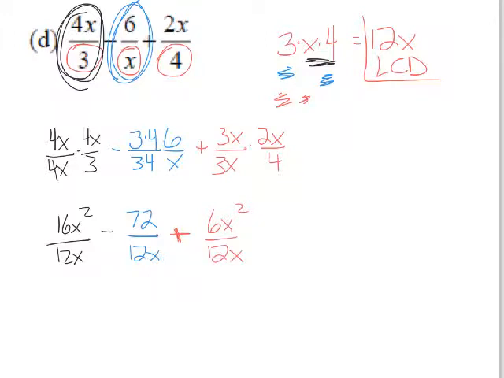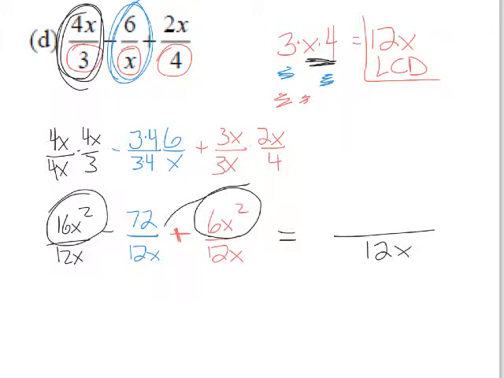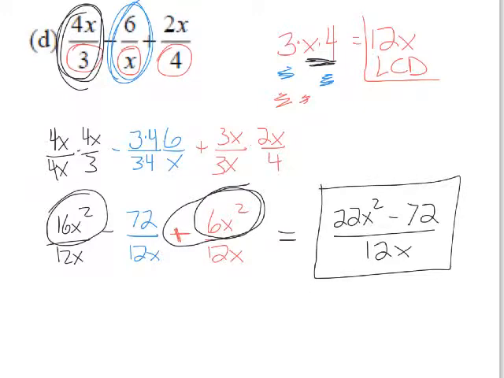And we can start combining that into a single fraction, where the denominator is 12x. In the numerator, we combine like terms. 16x squared plus 6x squared is 22x squared, and we're left with minus 72. And that is the simplified form.